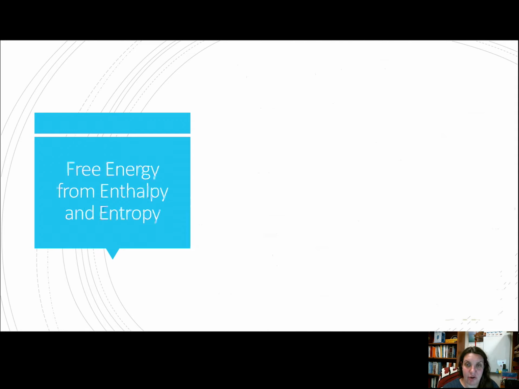Okay. Let's move on to Gibbs free energy. We can calculate Gibbs free energy at any temperature if the enthalpy and entropy are known.